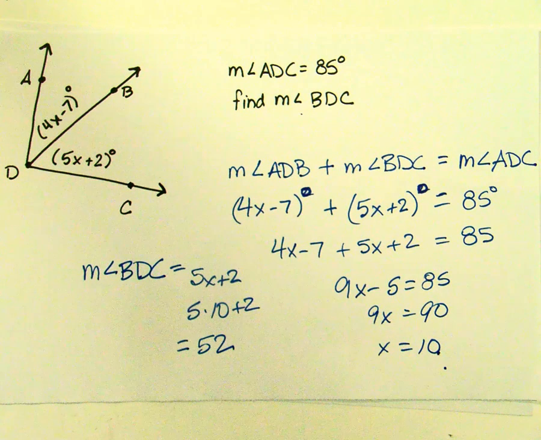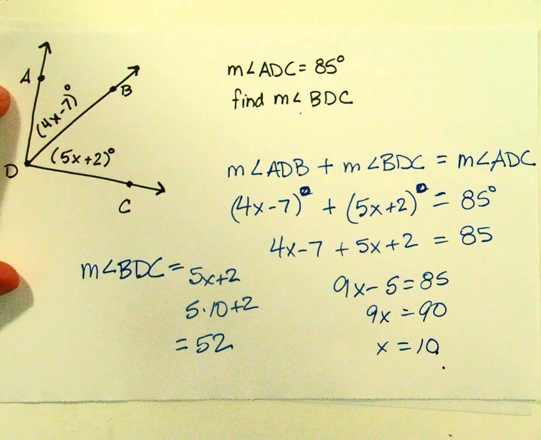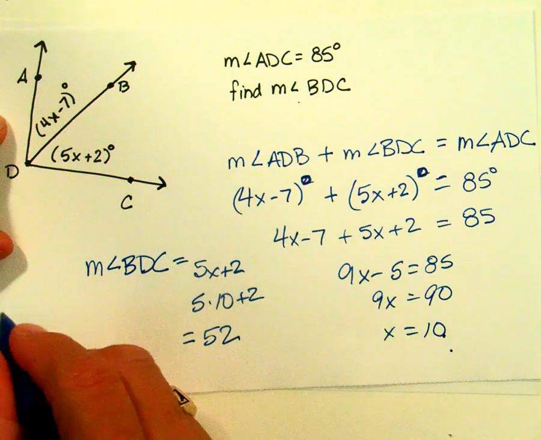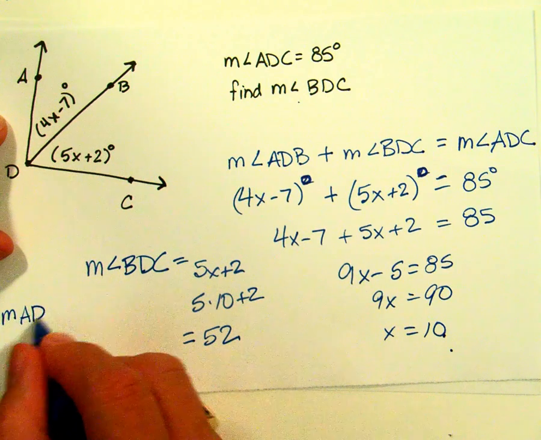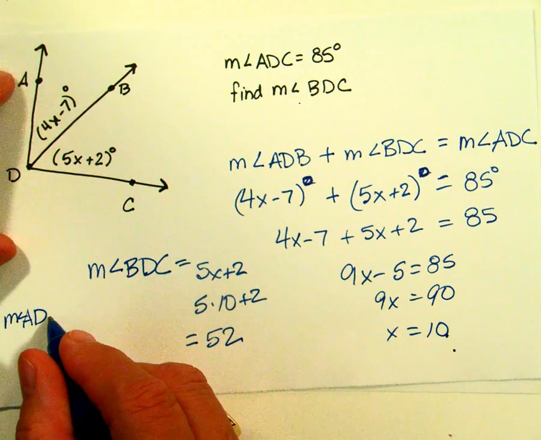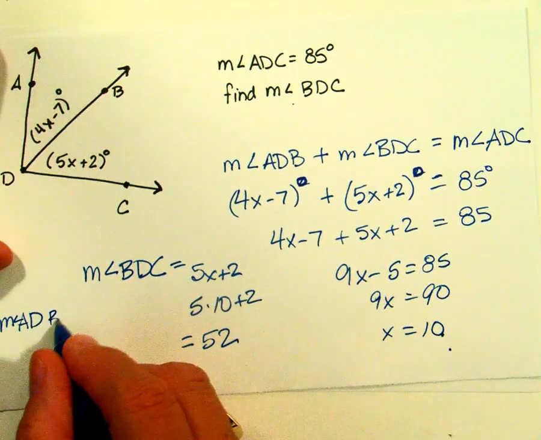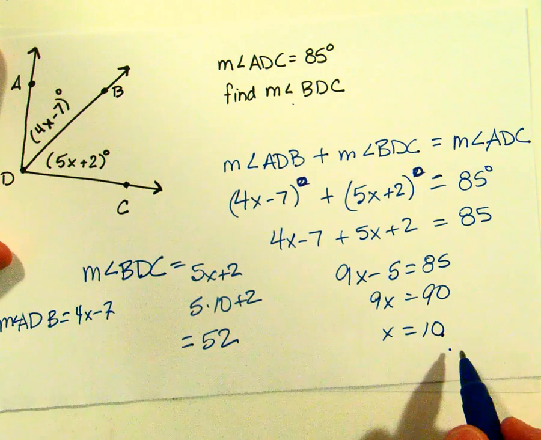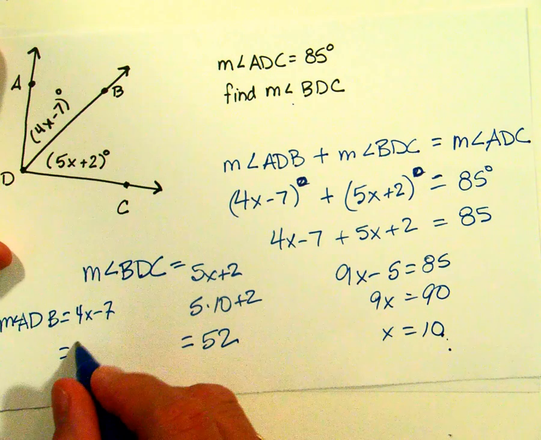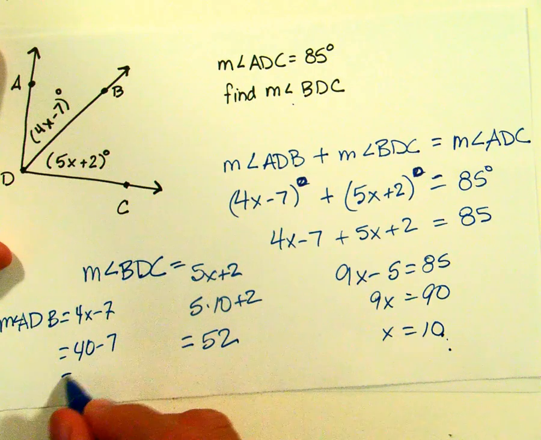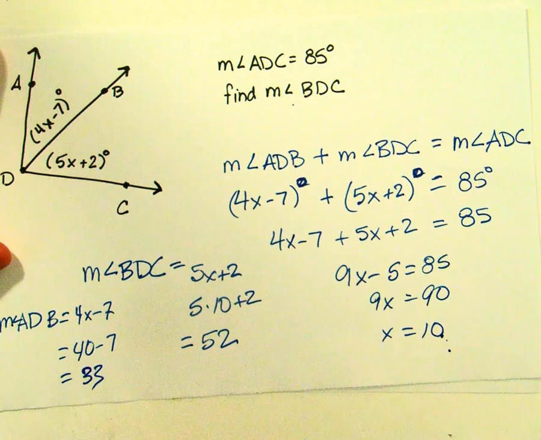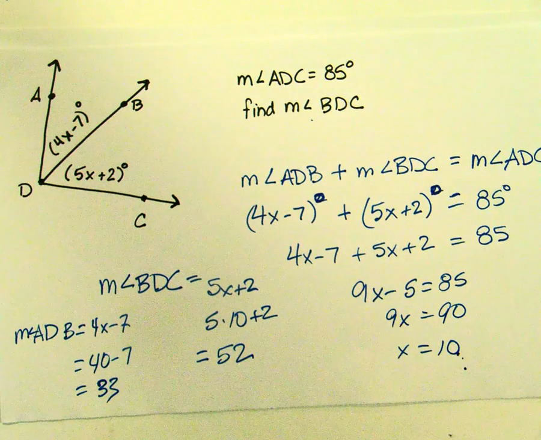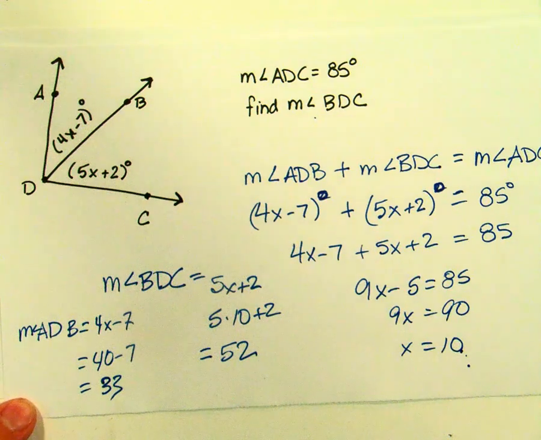Let's make sure. What about the top one up here? The measure of that one, ADB, is 4x minus 7. So if x is 10, that would be 40 minus 7, which equals 33. So I checked to make sure I was right.